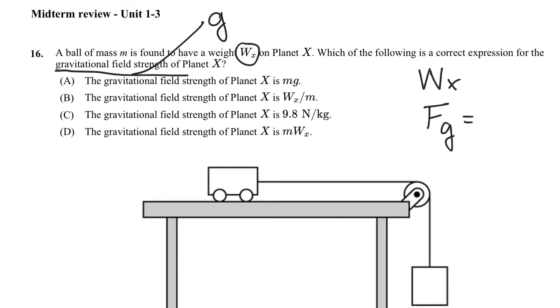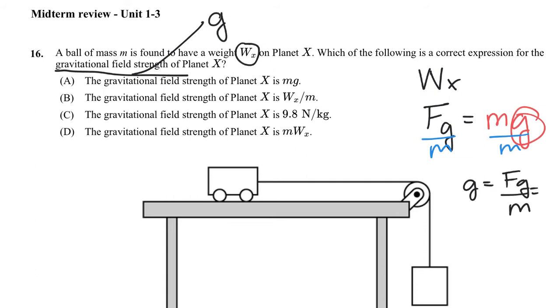And we know the equation for F of g is going to be mg. Well, what do you know? We need to solve for g because that's what we're trying to find. So if we solve for g, we divide by m on both sides. Then g will equal force of gravity over m.